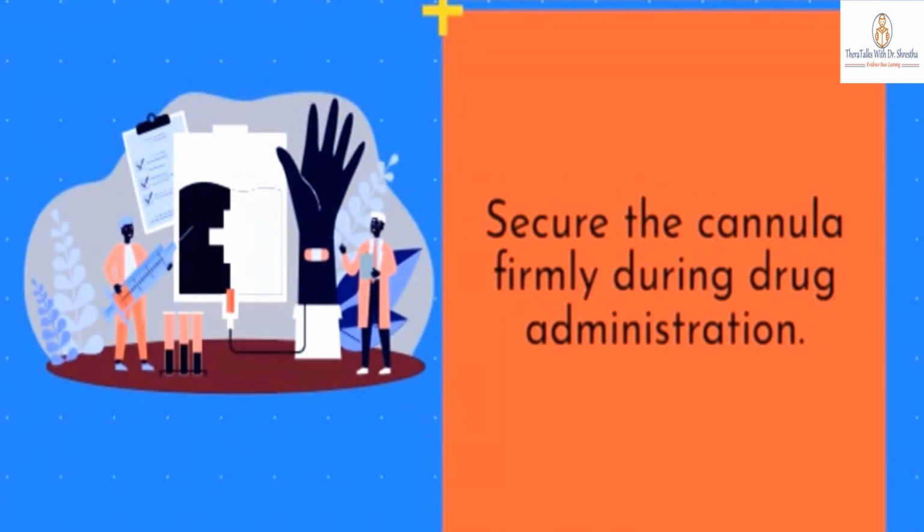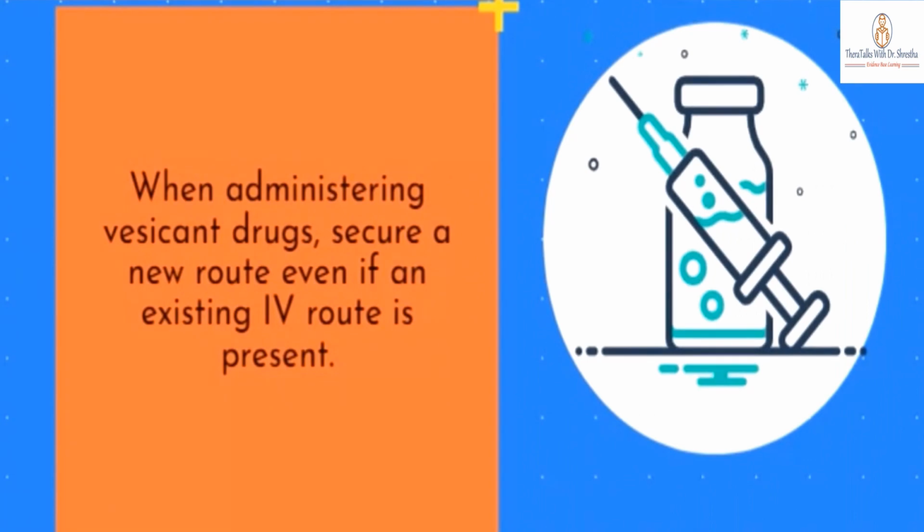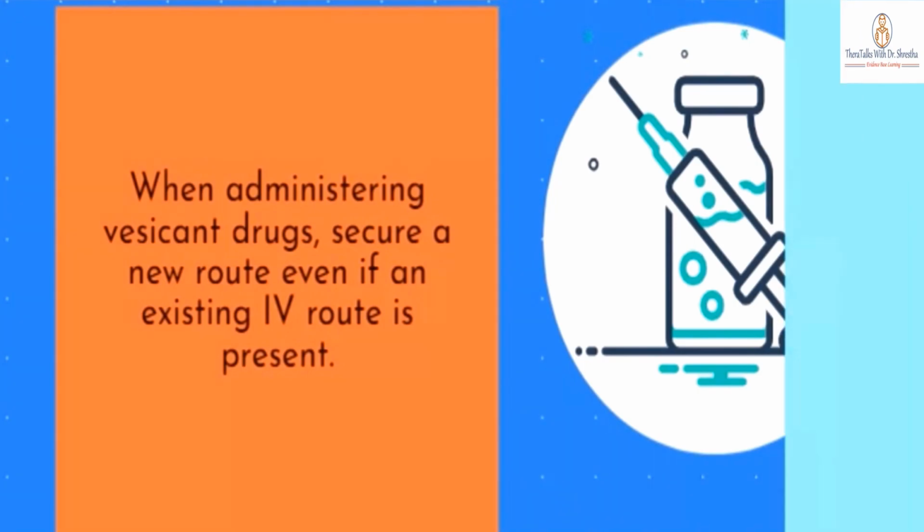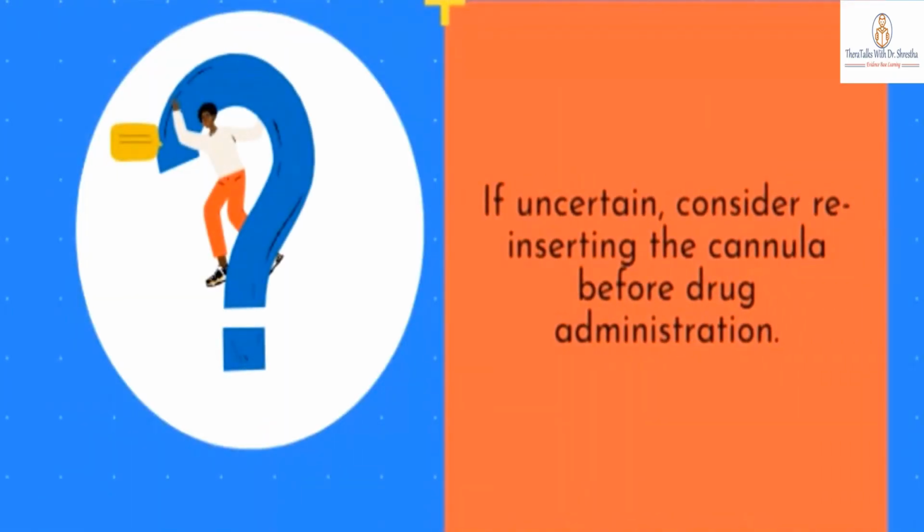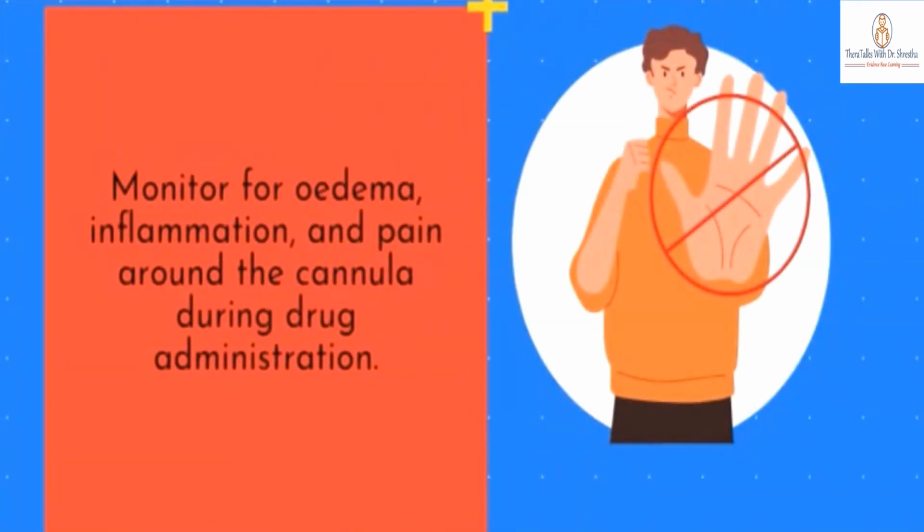Secure the cannula firmly during drug administration. When administering vesicant drugs, secure a new route even if an existing IV route is present. If uncertain, consider reinserting the cannula before drug administration. Monitor for edema, inflammation, and pain around the cannula during drug administration.